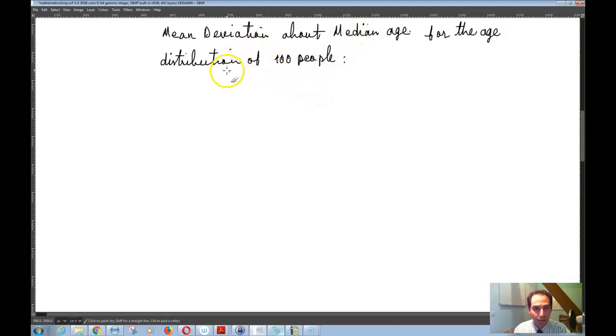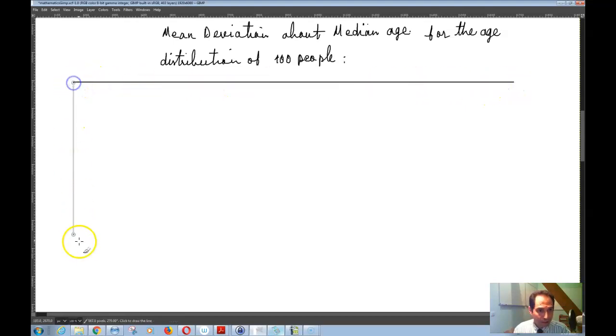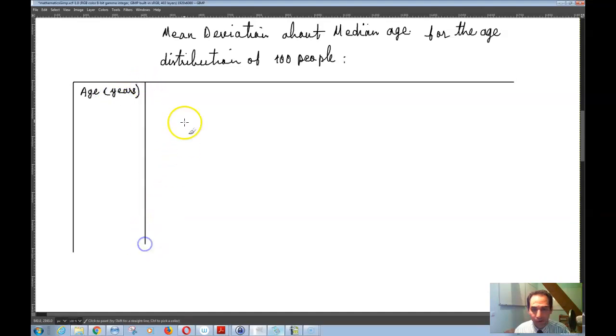The data that we have is the age in years, and then the number of people.